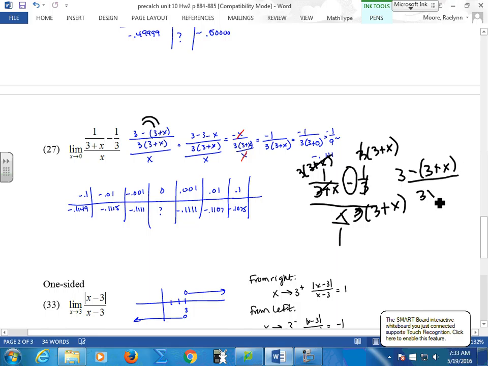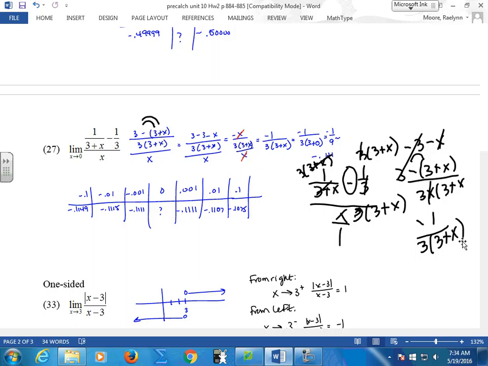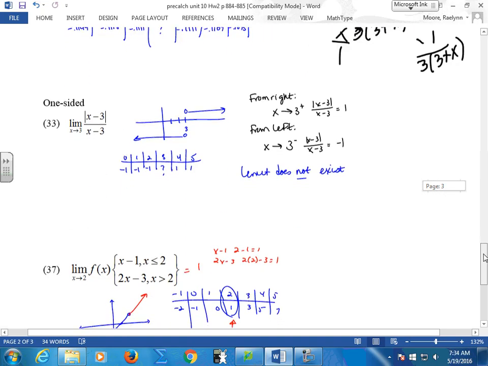And this becomes 3x over 3 plus x. Distribute this guy. You can't cross those out. So out comes those. Now you can take an x out of here. Negative 1 over 3 times 3 plus x. Good?